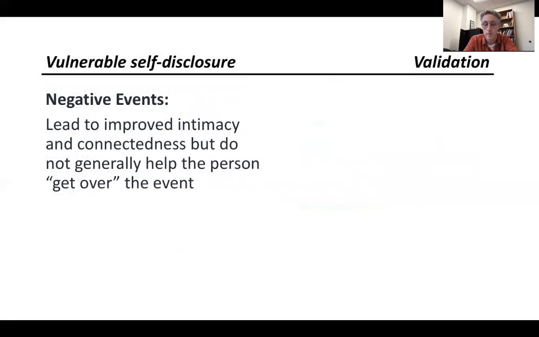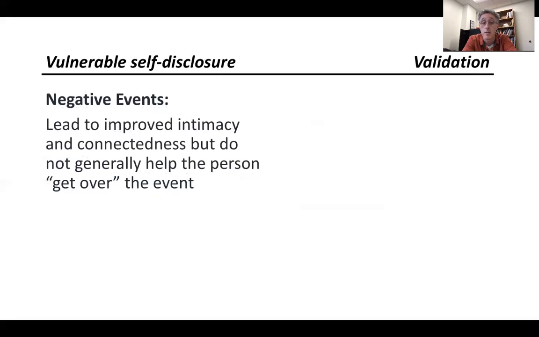Okay. On Tuesday, we're going to do an exercise on disclosing of negative events. And what I want to say here with this slide is that we are going to practice disclosing negative events in order to enhance intimacy and connectedness, not necessarily to help the person get over or process the event. The research on this is actually complicated.